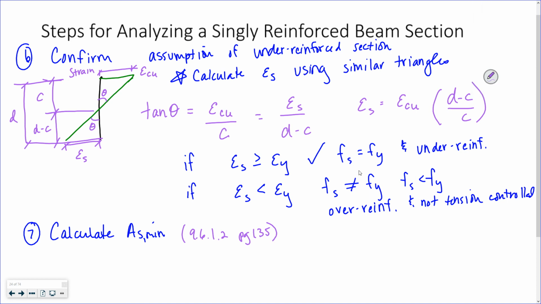It will tell you how much steel you have. Generally it's okay, but you're going to have to make sure that you've met the minimum required steel. If you haven't, you're going to have to increase your steel, and that might change your calculations.